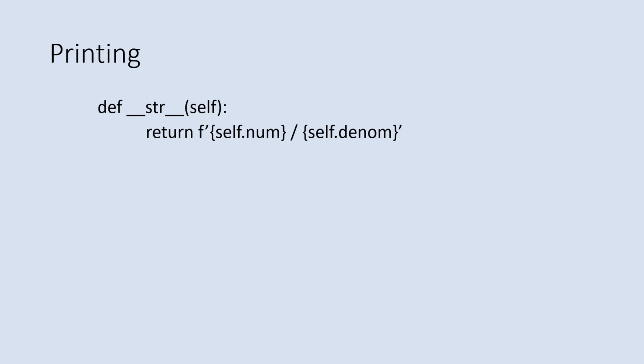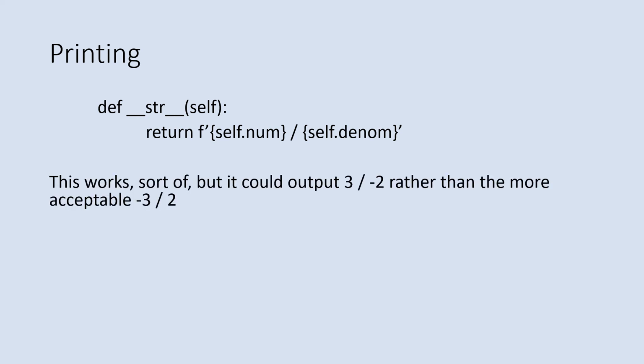In this case, there are some concerns, some issues. If we had, say, the fraction 1/2, it would look okay, it would be 1/2. But if we had the numerator being 3 and the denominator being -2, then it would output 3/-2, rather than the way we would typically think to put the negative with the numerator.